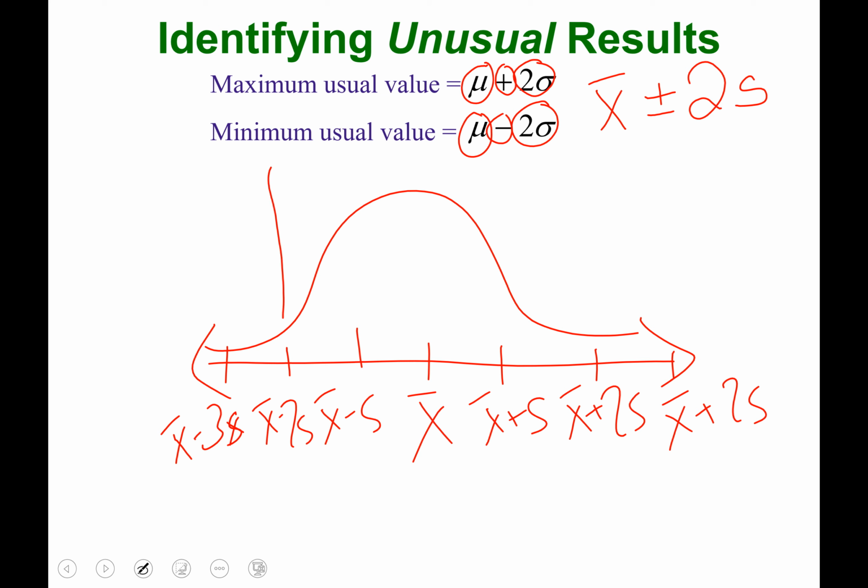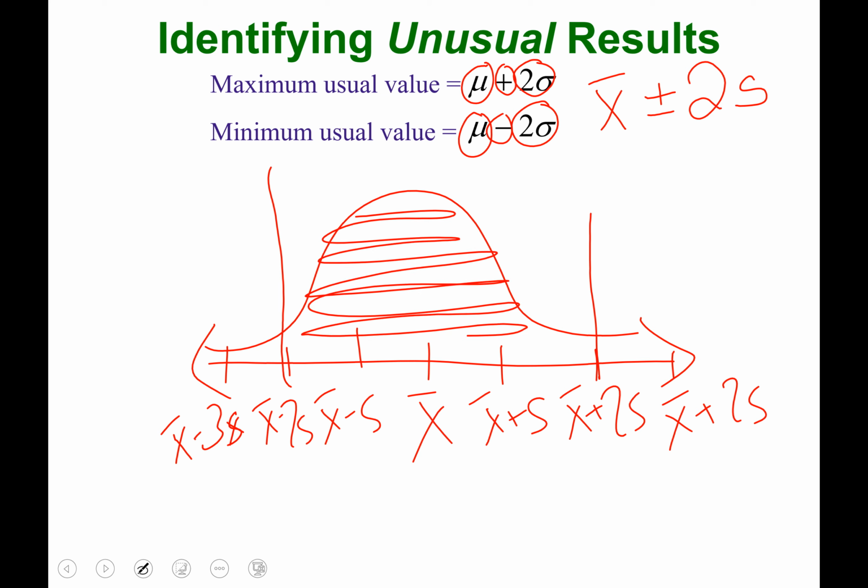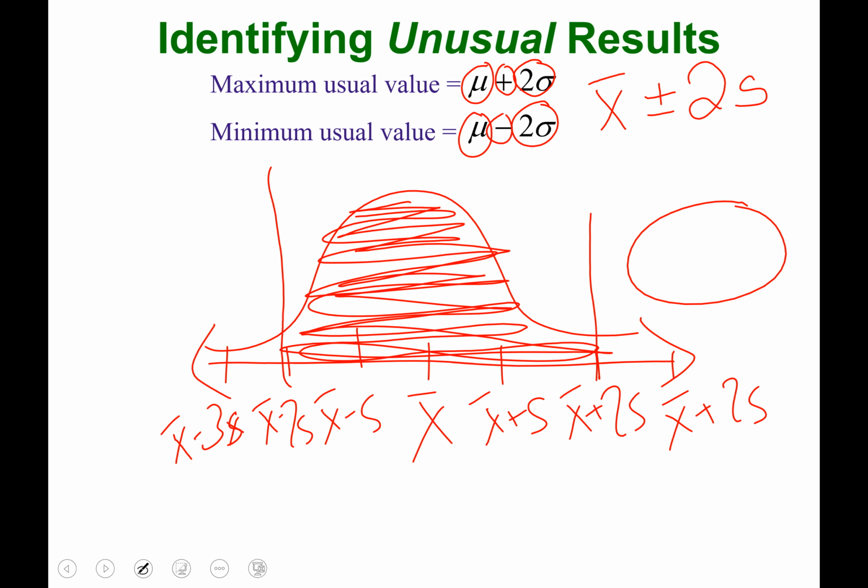Third time over here, x bar plus 2 standard deviations. And remember that this part right here, if we cut it off at 2 standard deviations, then everything we have in between there is considered usual, ordinary, or non-significant. And everything out here is considered unusual, unordinary, or statistically significant.